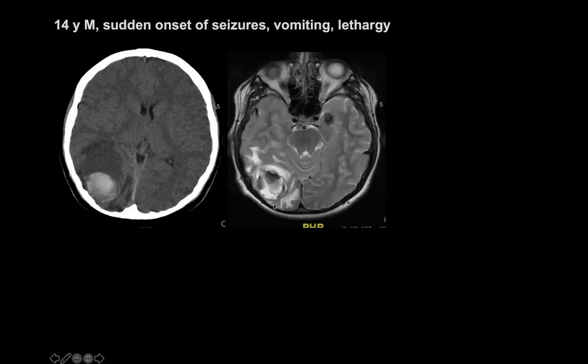So we say, okay, this may be a vascular malformation, an aneurysm, but remember that aneurysm and vascular malformation are quite rare, especially the aneurysm in children are very, very rare. So we did an MR and we confirmed that this was a hematoma, but look at here, there is also some sort of hypointense signal in axial T2 and in another area, so in the temporal lobe on the left.